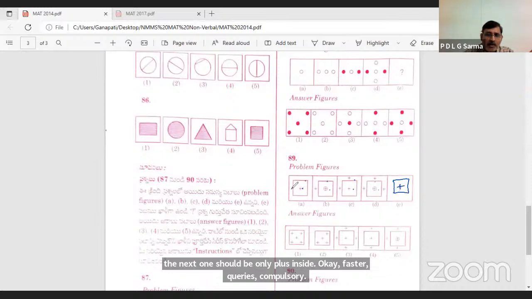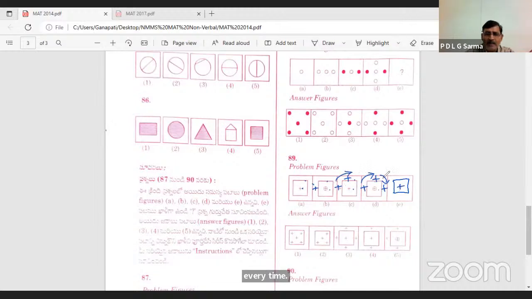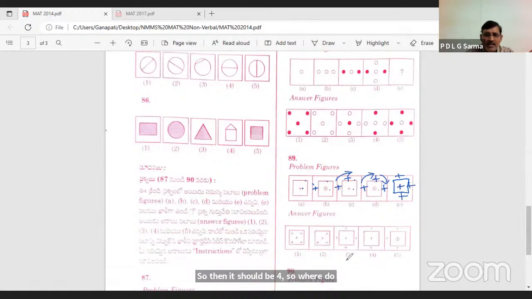Outside, first there is no plus, then one plus here, then plus here and here, then plus here, here and here. Clockwise, a new plus is generated every time: first one, then 2, then 3, so then it should be 4. Where do you observe such a figure? You can see it in 3. So 3 is the correct answer.